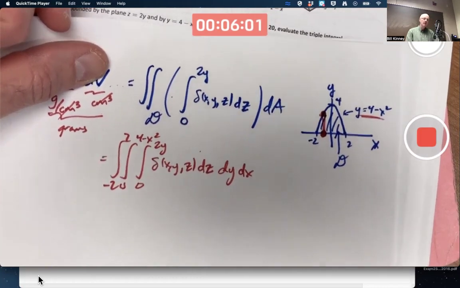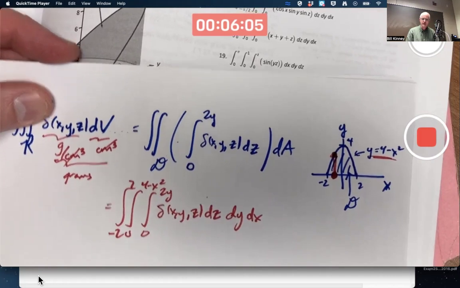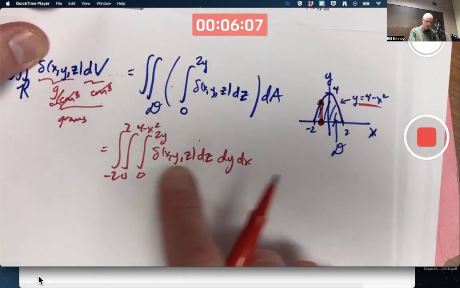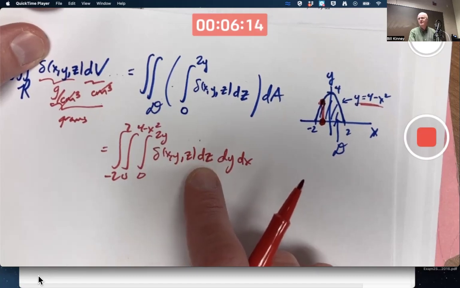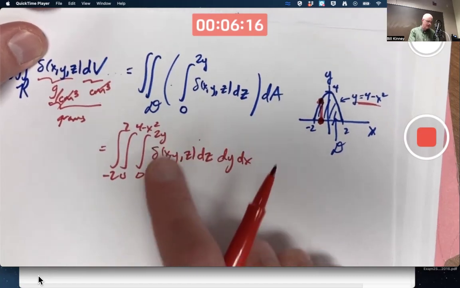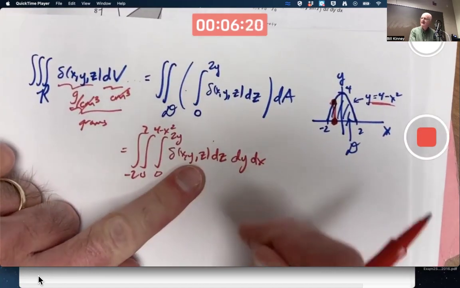So there's one ordering. And that was the ordering to actually do the integral for when it was a 1 here for problem 14. Integrate 1 with respect to z gives you z. Going from 0 to 2y, you end up with integrating 2y from 0 to 4 minus x squared.